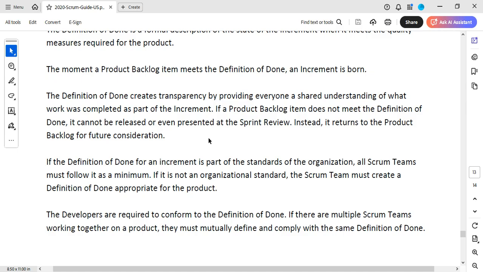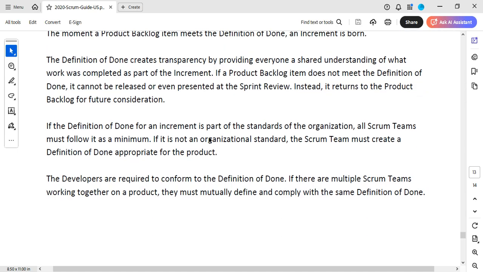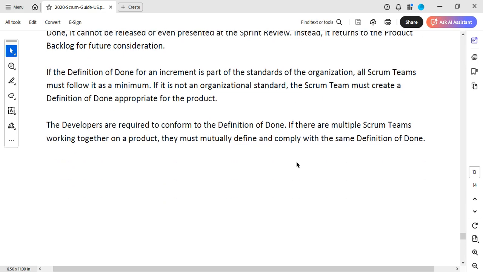The definition of done creates transparency by providing everyone a shared understanding of what work was completed as part of the increment. If a product backlog item does not meet the definition of done, it cannot be released or even presented, as I said before, at the sprint review. Instead, it returns to the product backlog for future consideration.